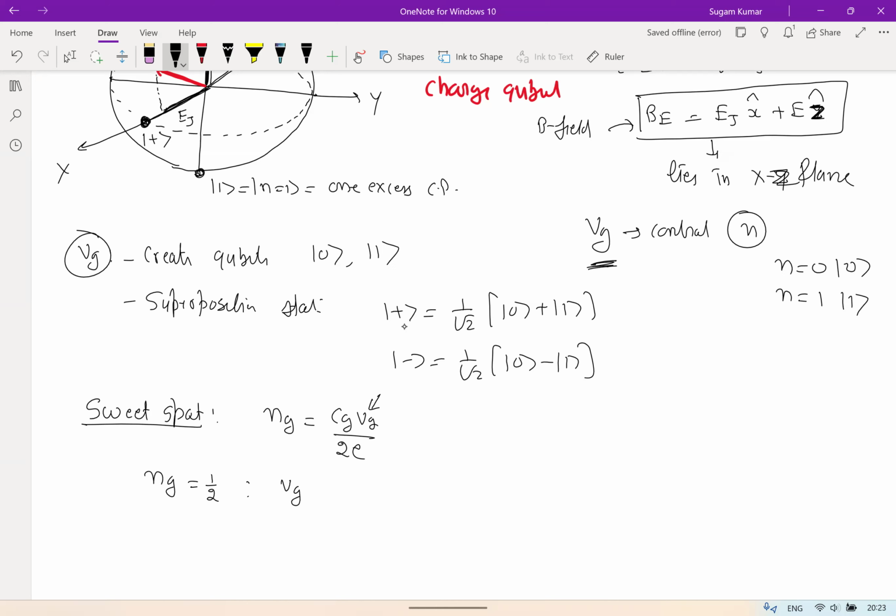I can just take V_g equal to how much? e by C_g. So if I put the voltage this much, then I can create the number of charges equal to half only.